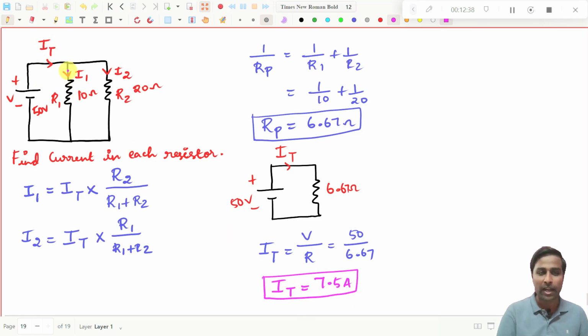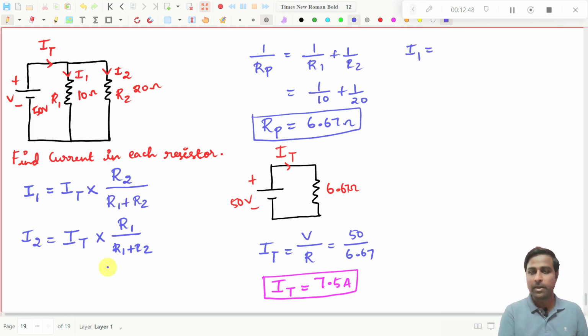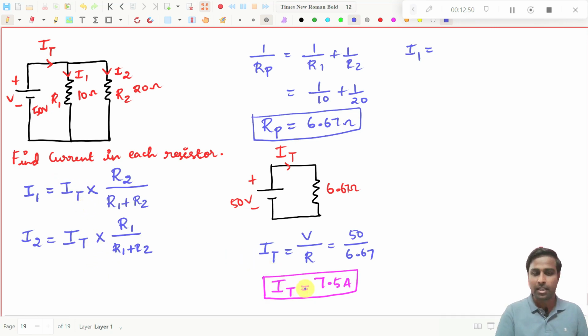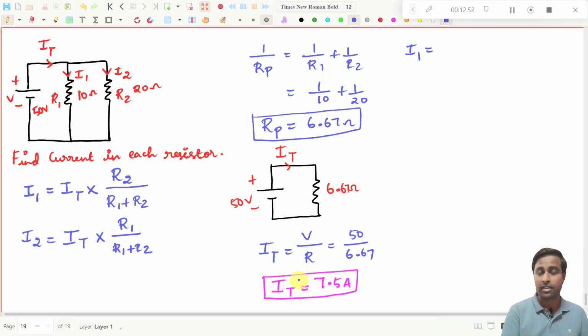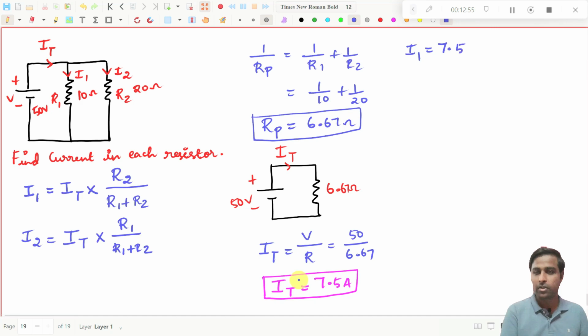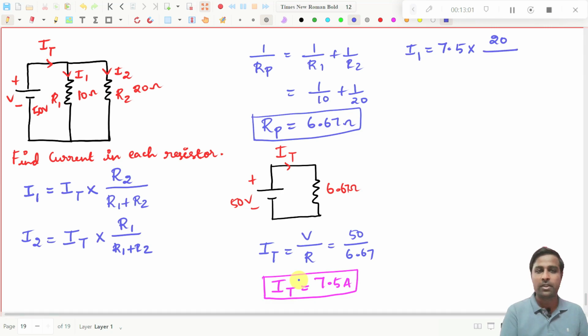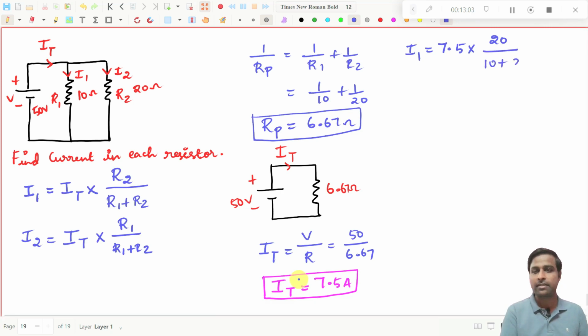Now we need to find I1 and I2. For that we have written the formula. So I1 will be equal to IT, which is 7.5, into R2, which is 20, divided by R1 plus R2, so 10 plus 20.